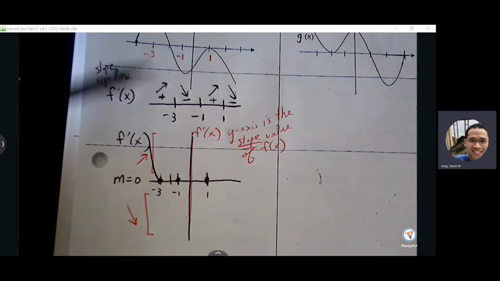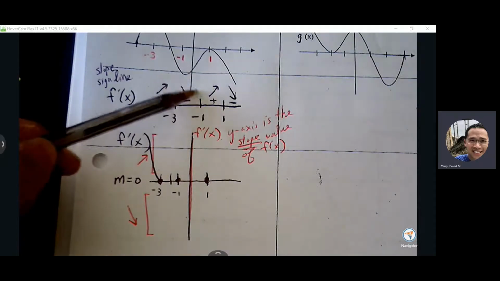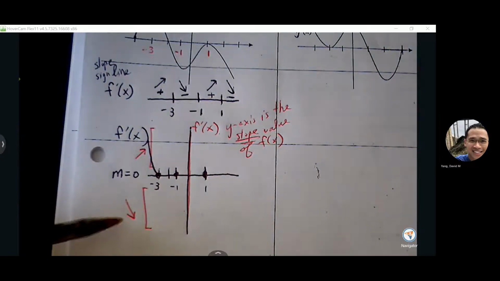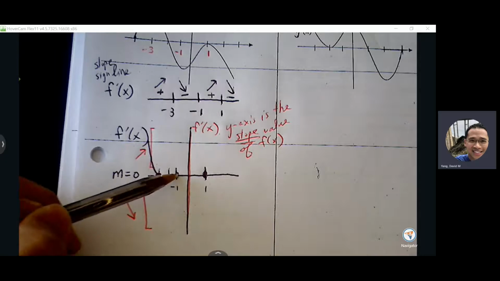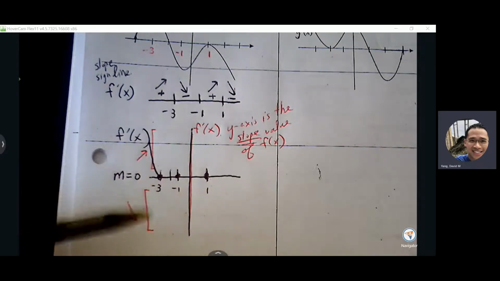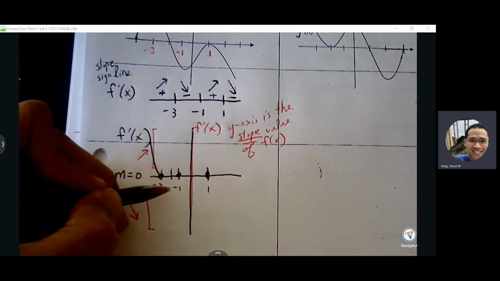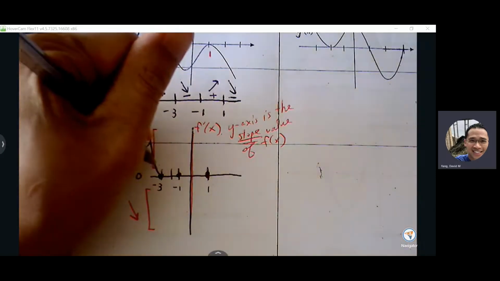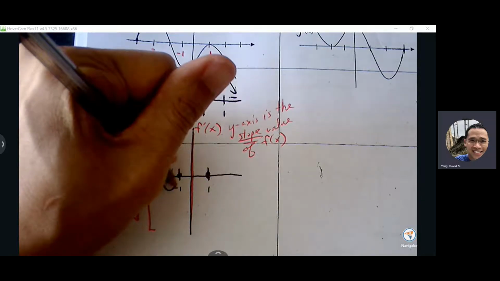Okay. All right, between -3 and -1, what slope are we experiencing? Negative slope. So where does my graph have to live? Below, okay, below the x-axis. Now, I see a point here, which means that my graph's going to be continuous, so it has to go through those points, and that helps me out, which means that my graph is going to be dipping below, but it has to go back up to that point.